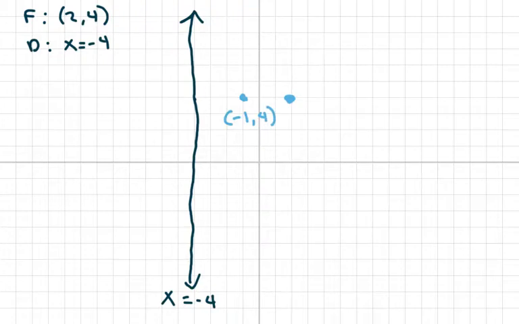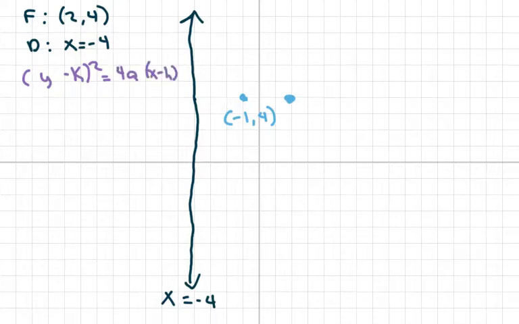It opens, therefore, to the right, and therefore I'm going to use the equation of y minus k squared equals 4a times x minus h. And I've got my vertex here, so this is going to be y minus 4 squared equals 4a. Now my a is 3.